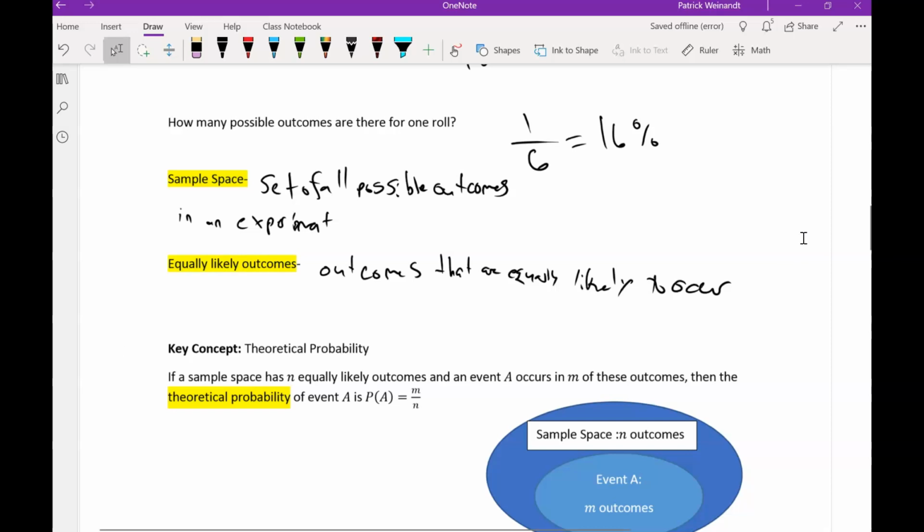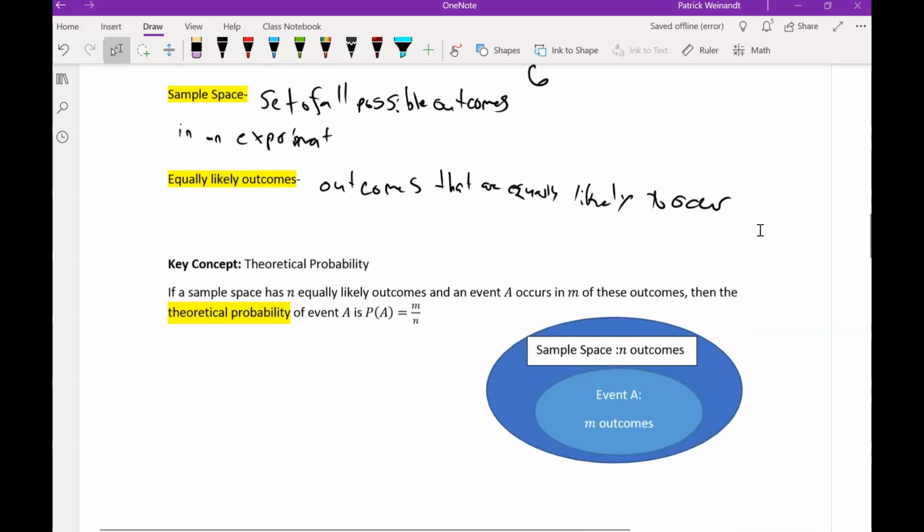That's an example. So theoretical probability is found very similarly to experimental probability. If a sample space has n equally likely outcomes, basically n is the total number of outcomes, and an event A occurs in m of those outcomes, then the theoretical probability of event A is equal to taking that number of outcomes, m, and dividing it by the total number of possible outcomes, n.